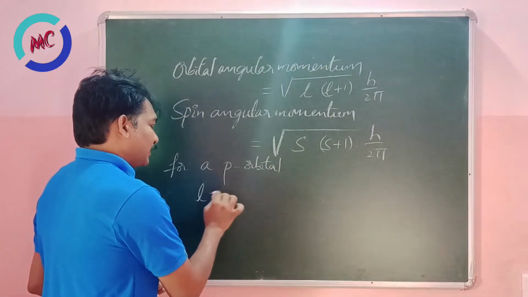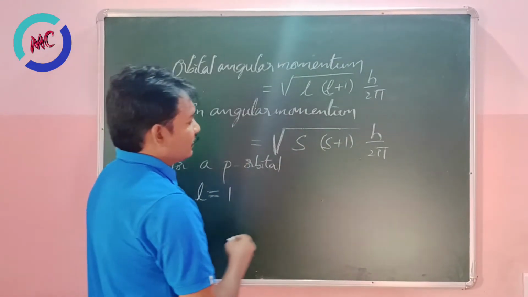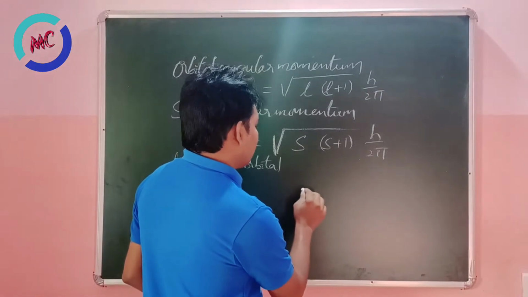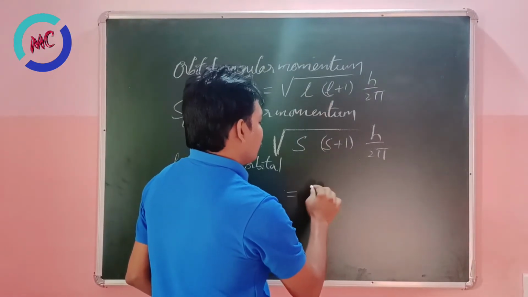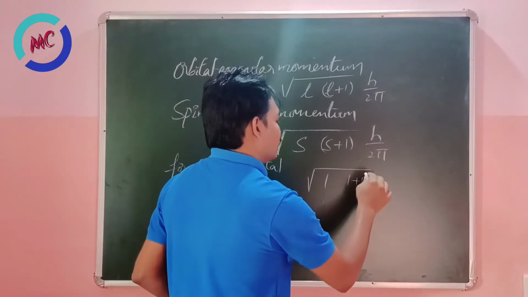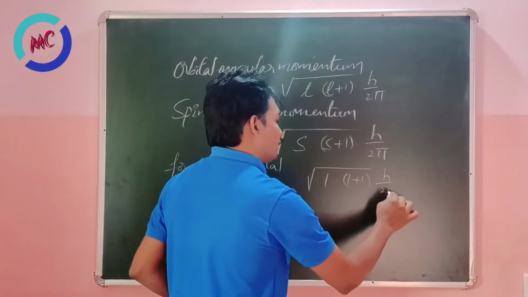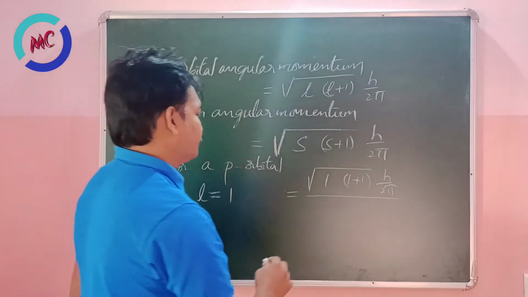L is equal to 1 for p orbital. Now we will take the ratio here, that is, we will substitute the L value. L is equal to 1, so 1 plus 1 h by 2 pi, and here S value is plus half, h by 2 pi.